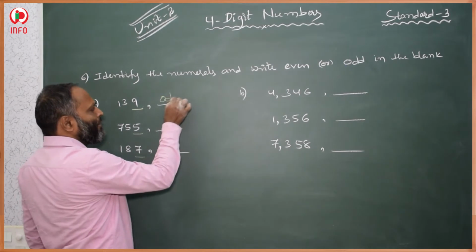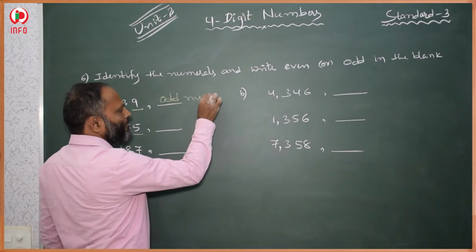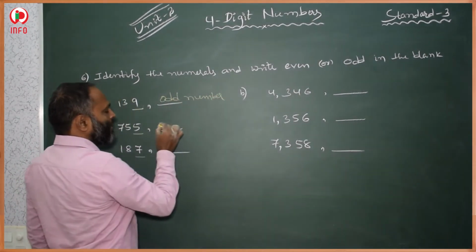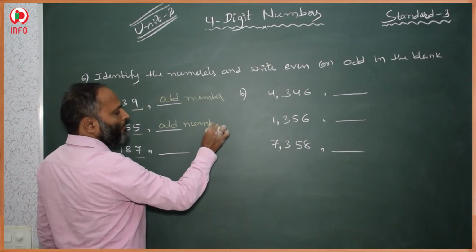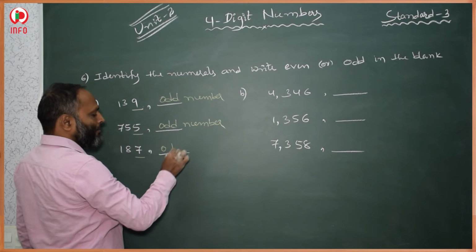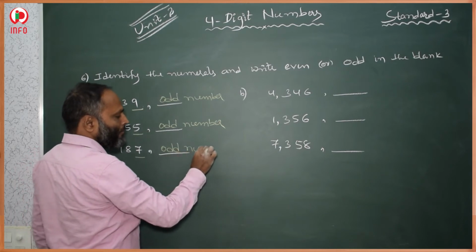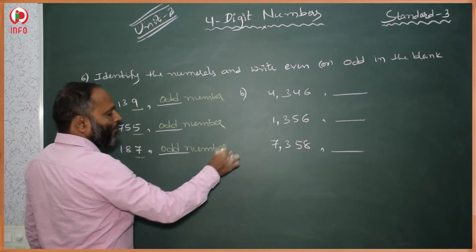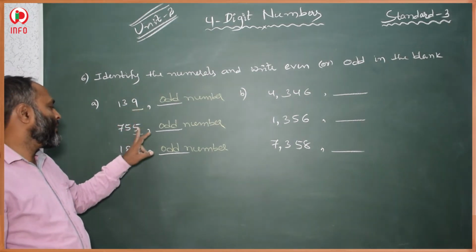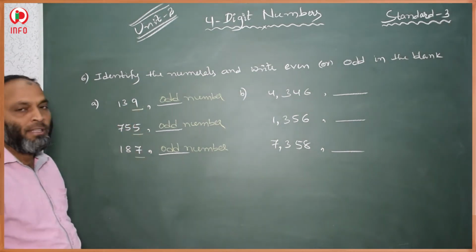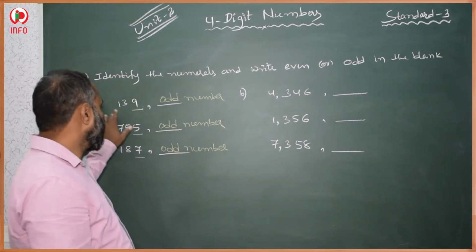Why are these odd numbers? Because in the ones place 9, 5 and 7 are there.